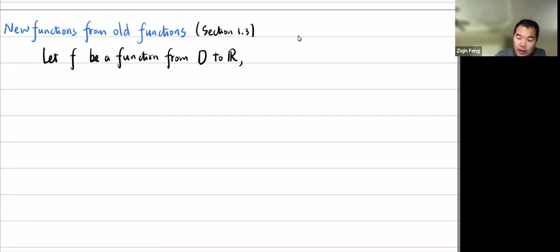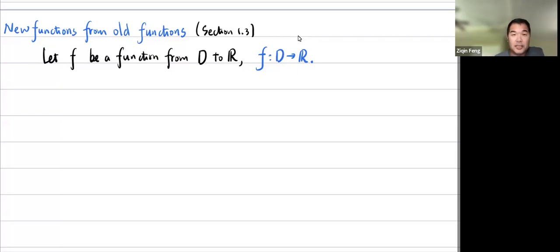Equivalently, we have a short notation: f, colon, D right arrow R, which means f is a function from D to R.